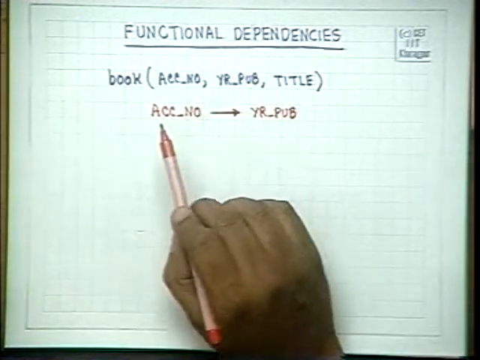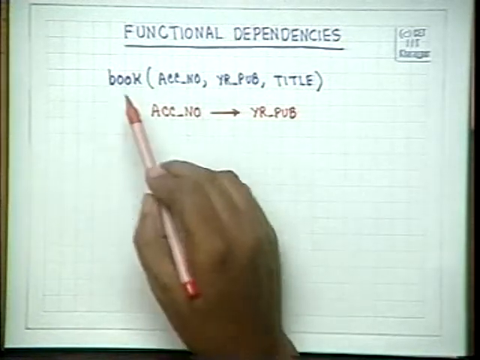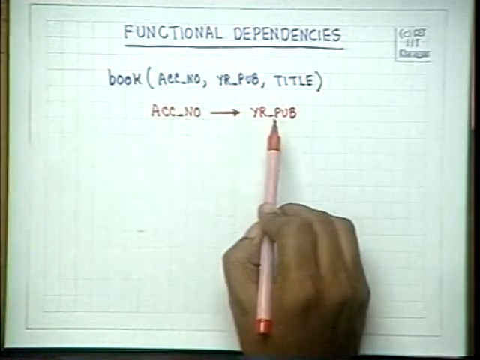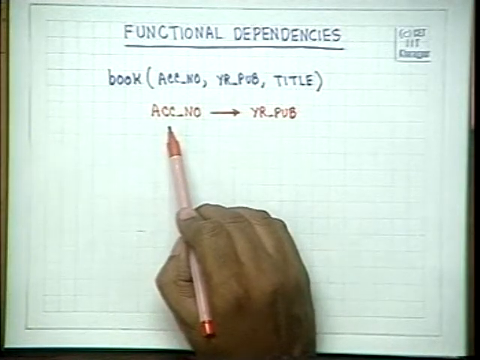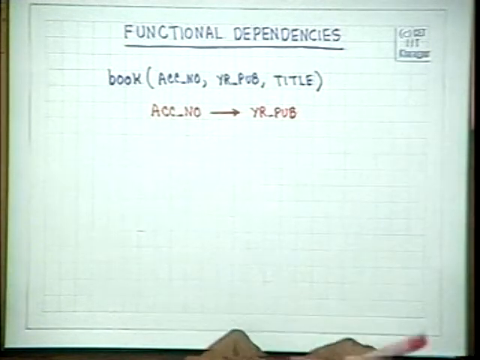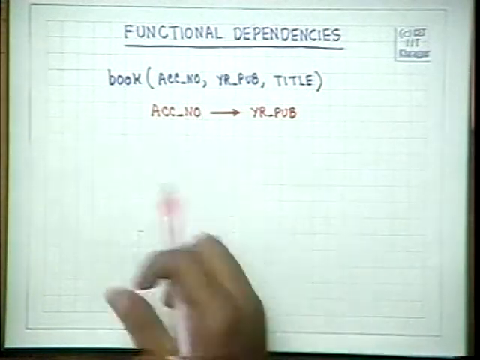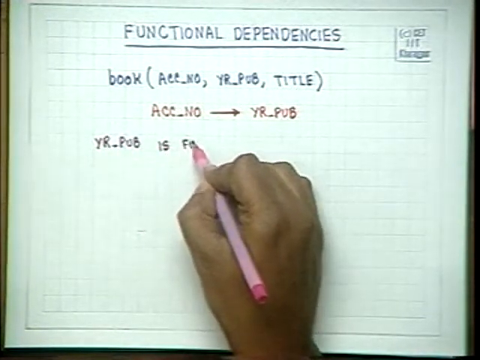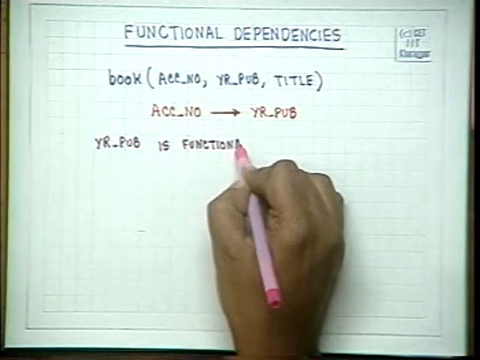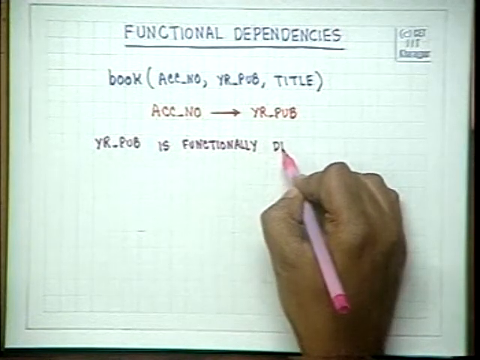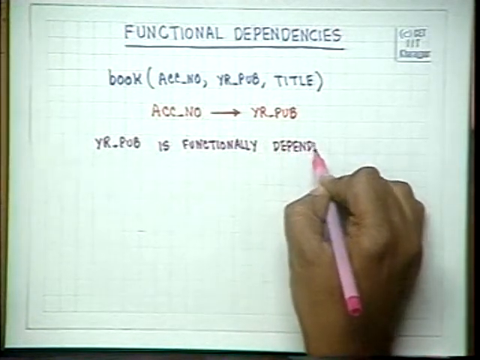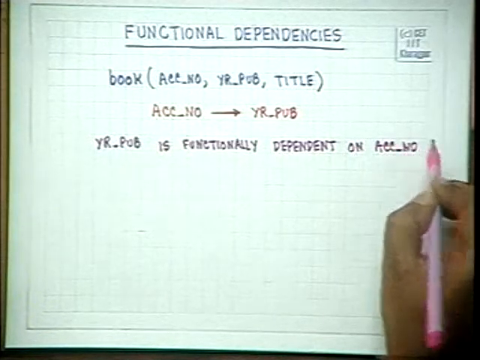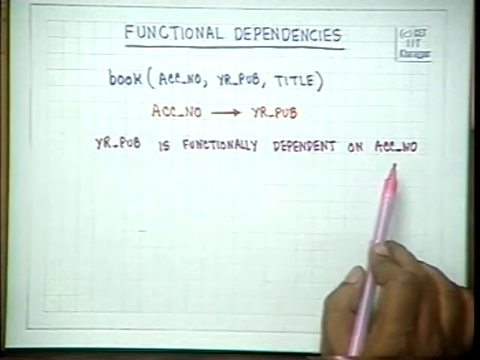This means that whenever in any relation, not even corresponding to book, in any relation wherever this holds, it means that year of publication is functionally dependent on accession number.